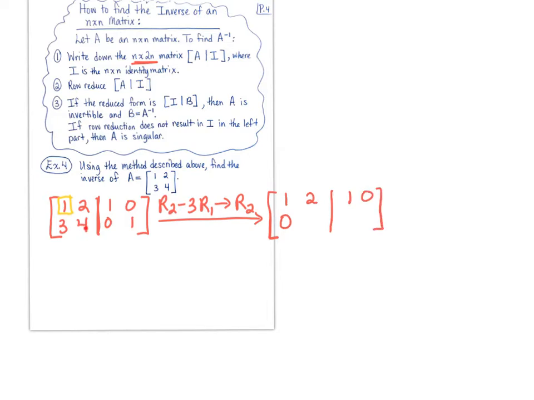Now we do 4 minus 3 times 2. 4 minus 6 is what? Negative 2. Good. Then 0 minus 3 times 1 gives us what? Negative 3, good. And then we have 1 minus 3 times 0, what's that?